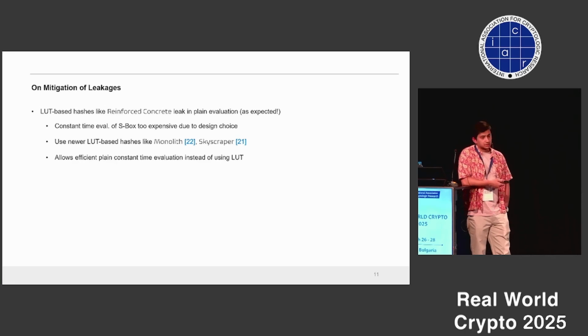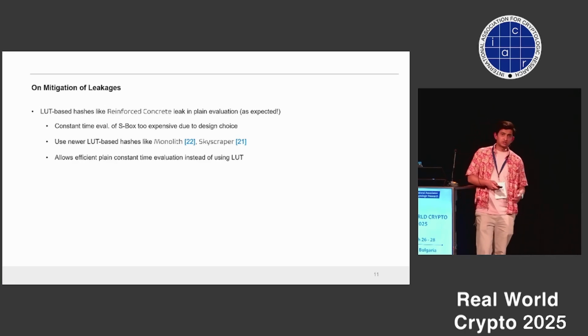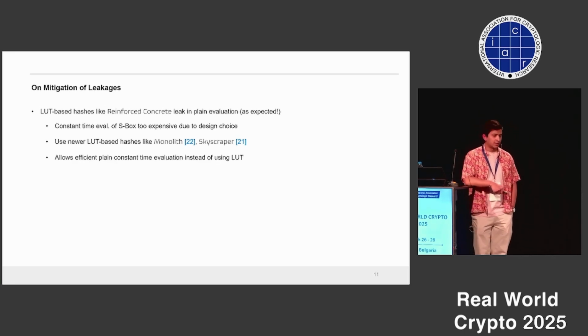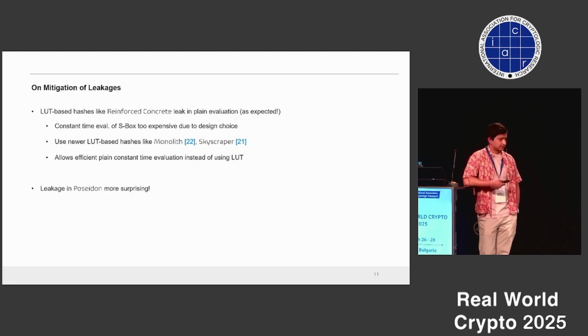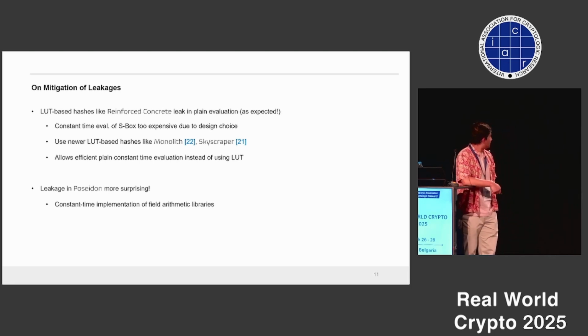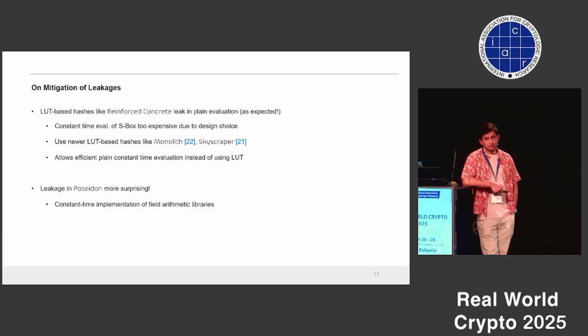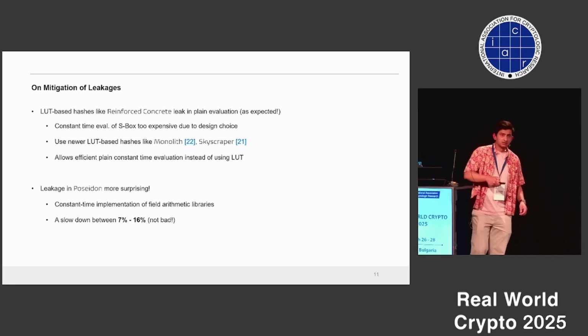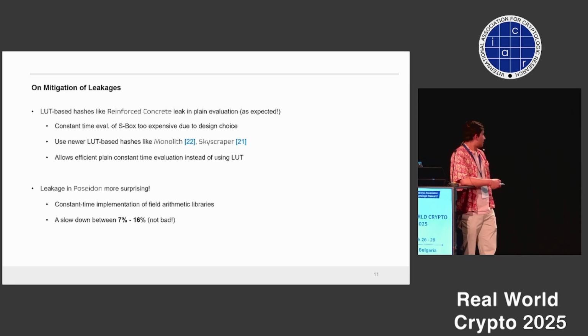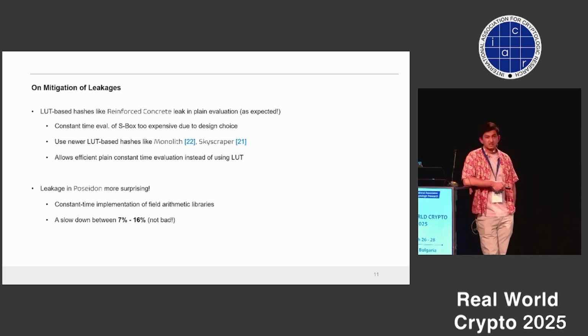These allow constant time evaluation of the S-box while still allowing the lookup feature in ZK. And for Poseidon, it was more surprising, but the fix is quite easy: just have a constant time implementation for the field arithmetic libraries, as these libraries are actually the foundation. We ran some experiments and we saw that we get a 7 to 16% slowdown, which is not too bad.